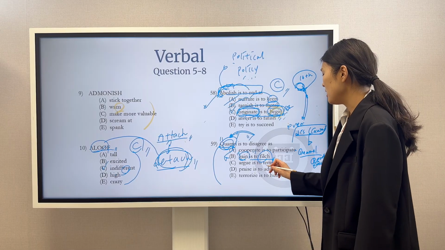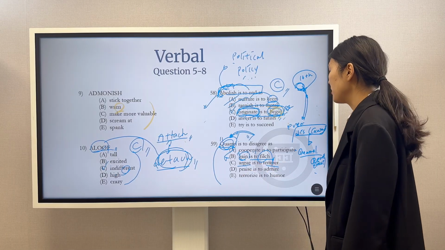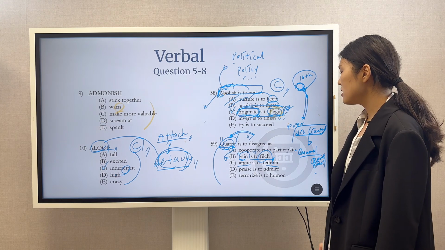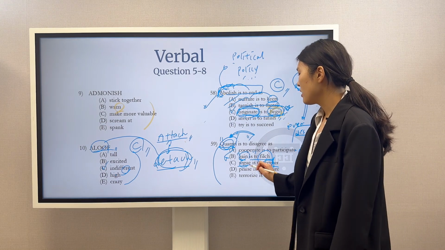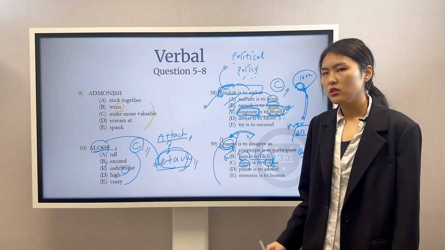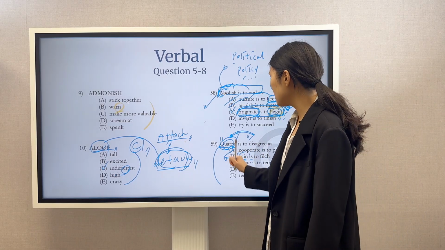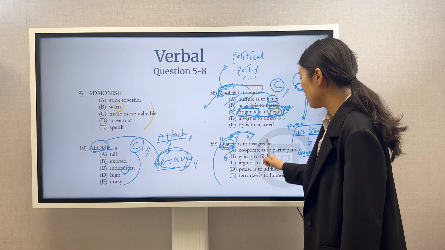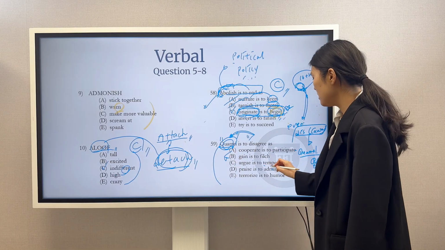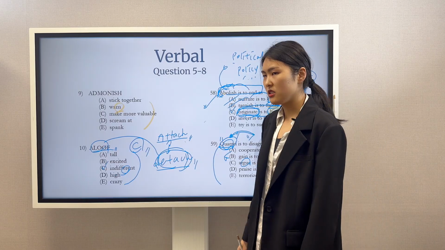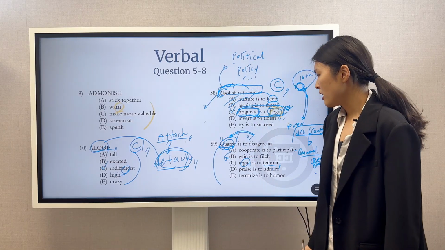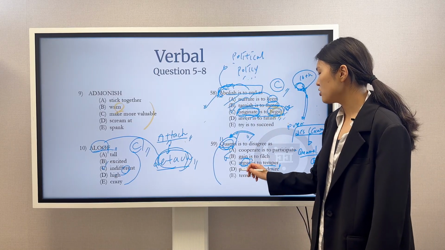And what about C? Temper and argue. So is temper a cause of argue? You have to be really careful here. Some of you might think, isn't it temper that causes argue?